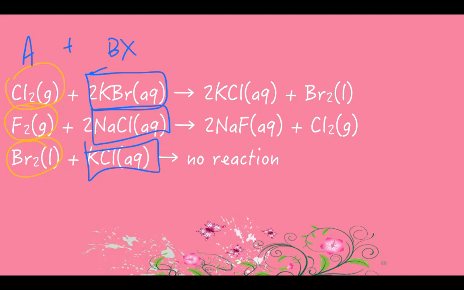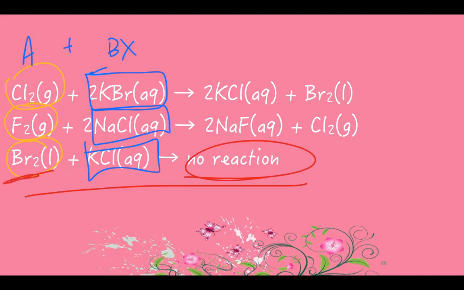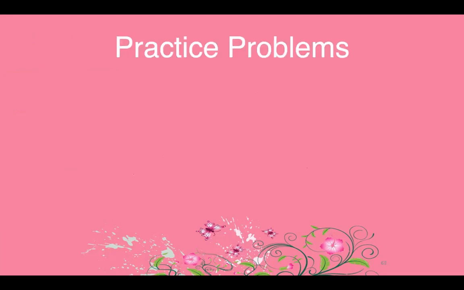Speaking of which, you see for the third one, there is no reaction because bromine is below chlorine in the periodic table. So it will not replace it. It's not more active than chlorine. So if you have a metal or a halogen that's lower in the activity series, it will not replace a metal or a halogen that's higher in the activity series.